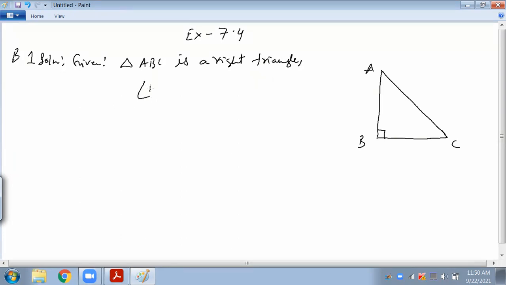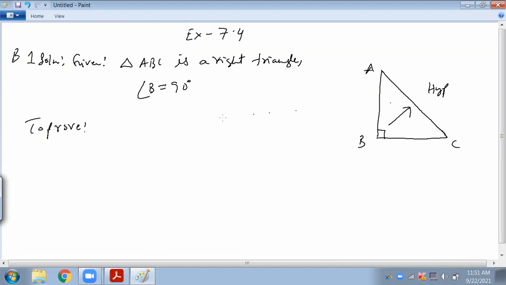In which angle B is 90. And to prove what? In a right triangle, you have to prove the hypotenuse is the longest side. So if angle B is 90, the hypotenuse will be AC, the side that is opposite to 90 degrees.